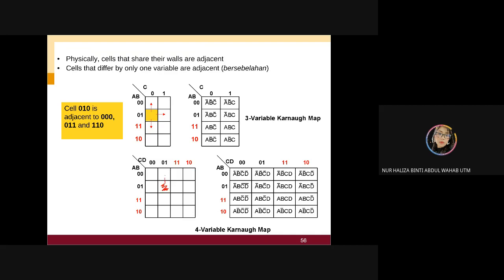Your adjacent will be up here, right here, left here, and below here. This one is very easy. If you have here, what is the adjacent for this cell? This is the adjacent, this is the adjacent, here is the adjacent, and the upper here, it will be here. So you have the correlation between this and this because it is adjacent to each other, bersebelahan.